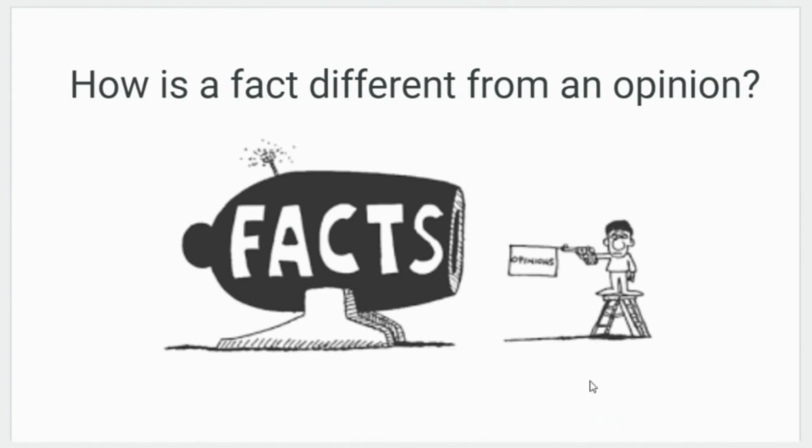Now we'll go to this. How is a fact different from an opinion? A fact is verified. An opinion can be verified too, right?